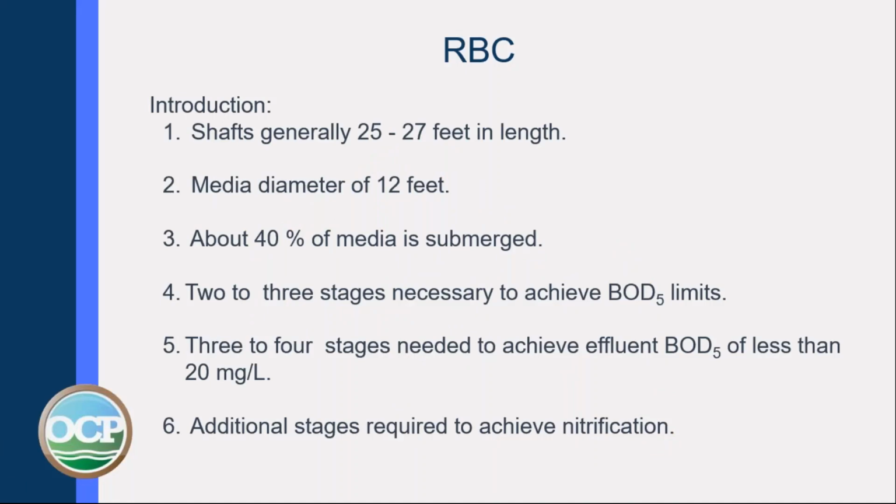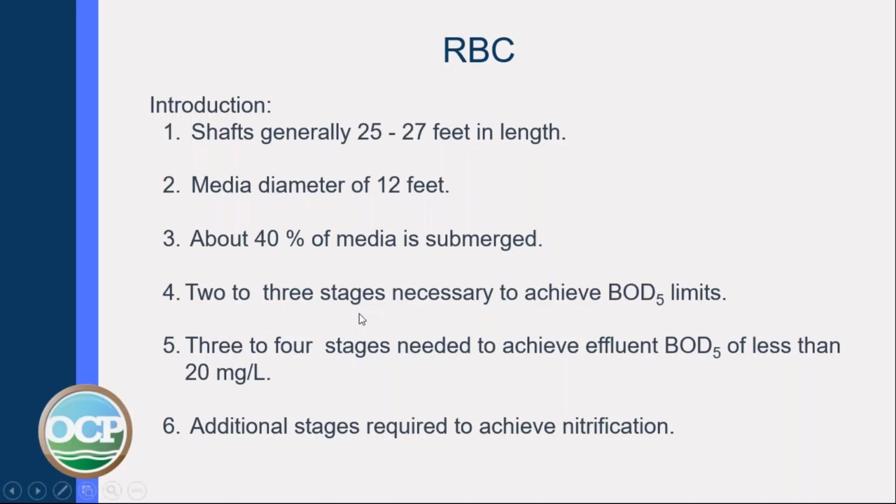The media diameter is about 12 feet. Like I said, about 40% of the media is submerged. These stages are turning, and what that turning does is it allows air to mix into the wastewater.